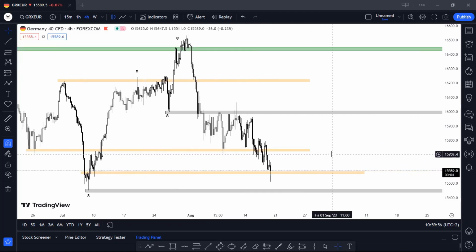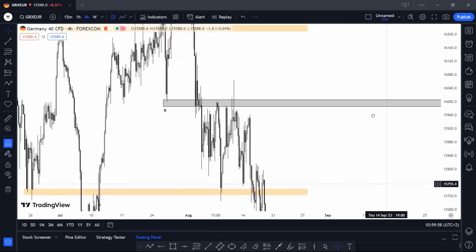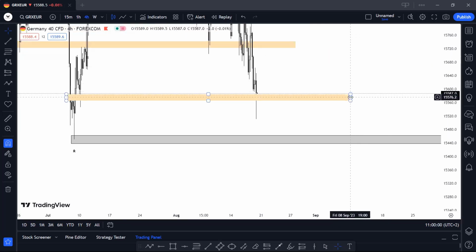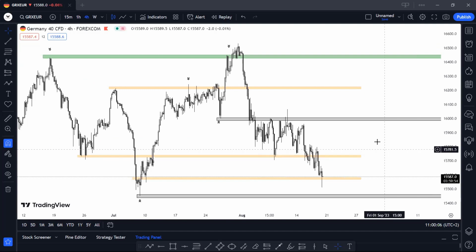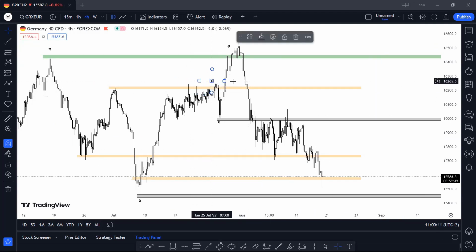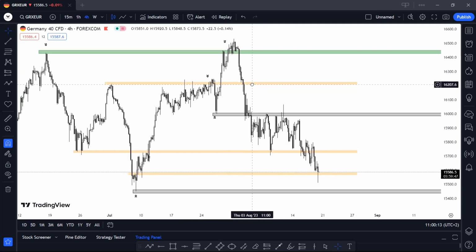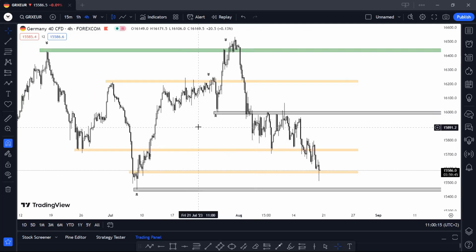And yeah, this is it. Then yeah, this is what you have for GERMANY40 right here in terms of the market structure.